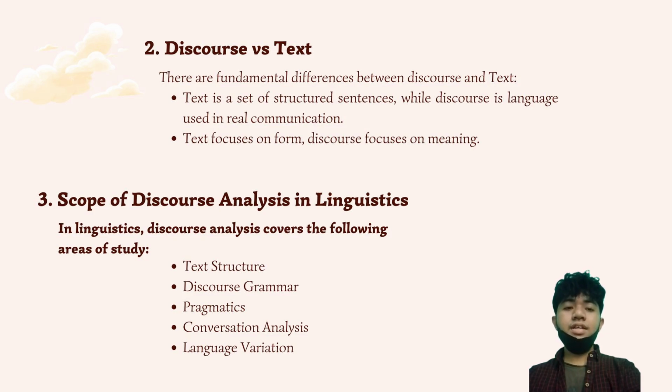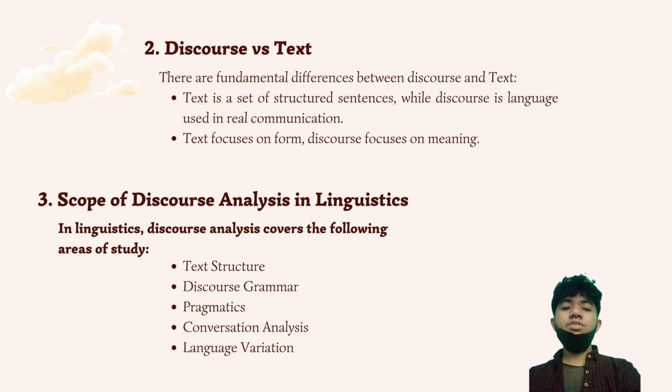3. Differences between discourse and text. Although often considered similar, there are fundamental differences. Text: a collection of sentences bound by grammatical rules and structure, but may not necessarily have a complete contextual meaning. Discourse: language used in a real context, which has a communicative purpose and meaning understood by speakers and listeners.